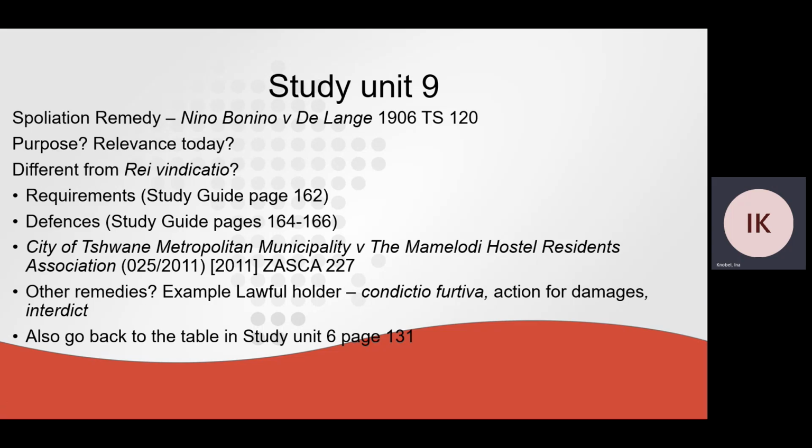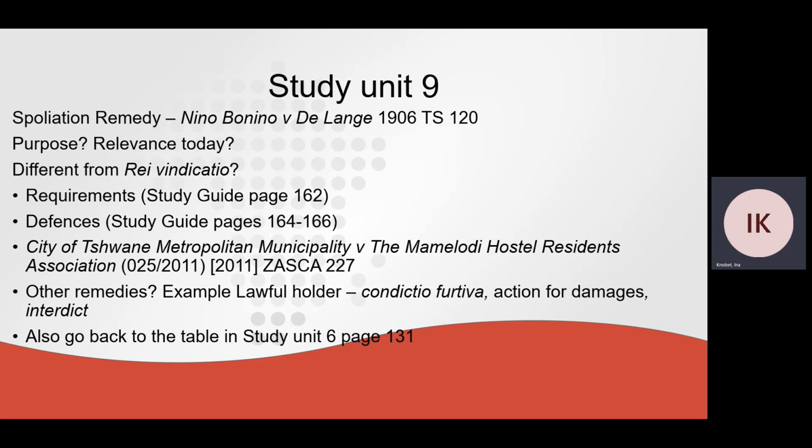That table, you must make sure that you understand it and that you know the different categories and the different remedies. The most important column, if I can call it like that, when you look at this study unit, but also at study unit 6, is the column that says who can claim against who can claim.